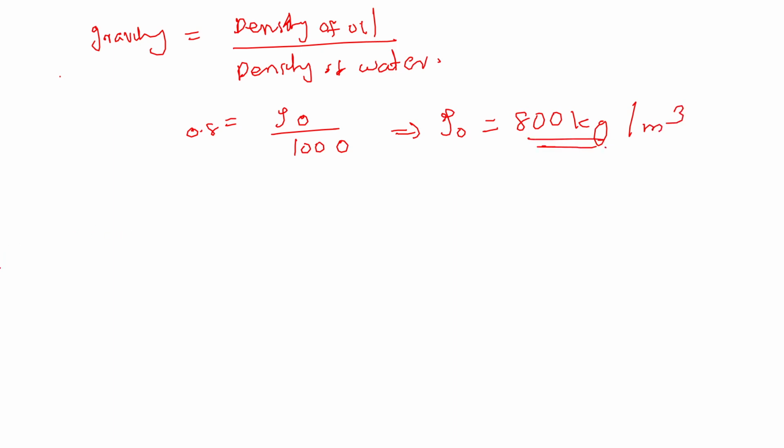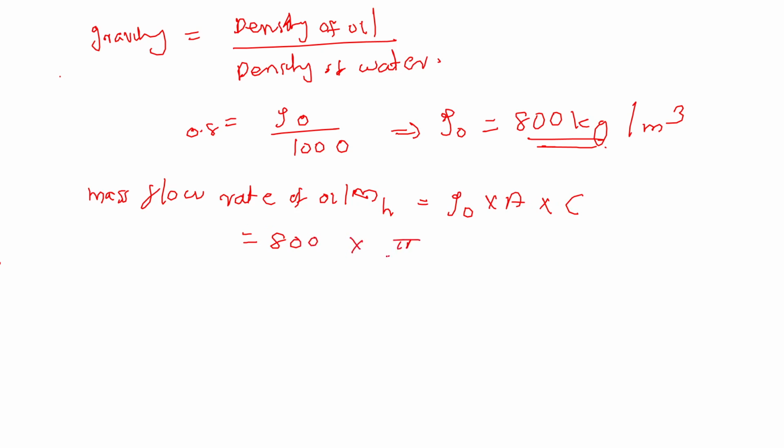Now we have to calculate mass flow. So mass flow rate of oil, mh, will be rho times A times C, that we can write as 800 times pi by 4 times d square times 0.62.